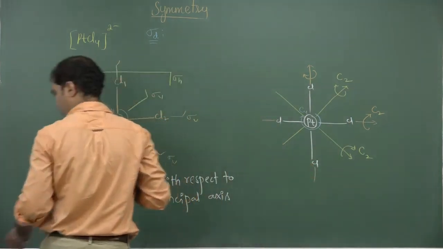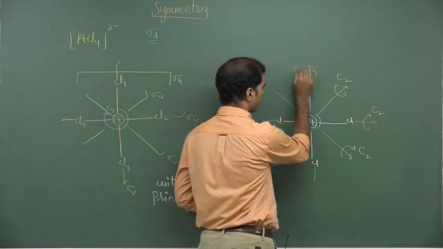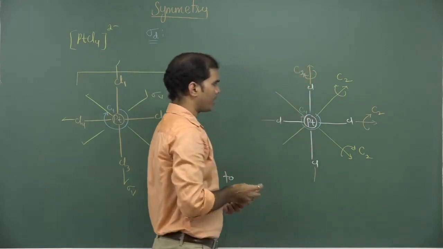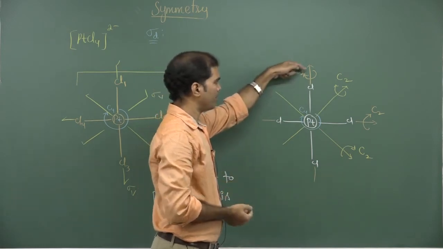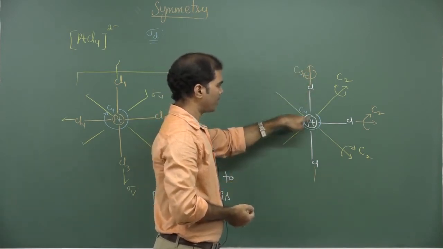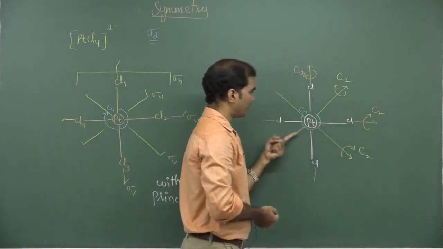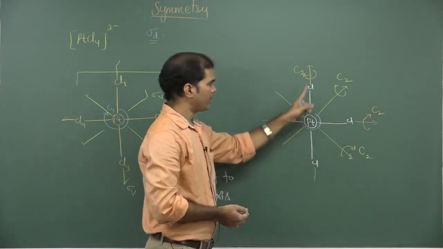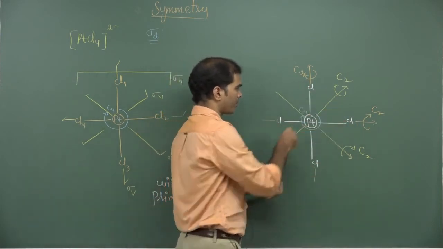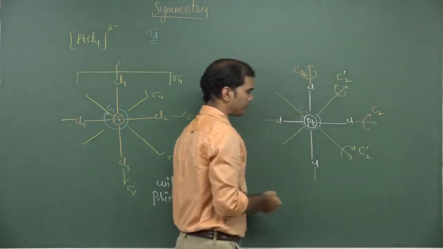I don't know whether you are able to differentiate between the colors, if it is visible to you or not. If you are looking in laptops or PCs, then it will be much more visible for you. This particular C2 that is passing from 3 atoms I have taken in orange, and that particular C2 which is passing only from platinum I have taken in yellow. To differentiate between them, I am taking this as C2, whereas this I am taking as C2 prime.